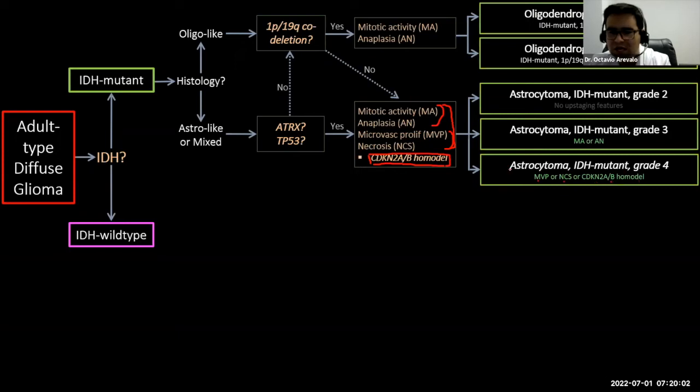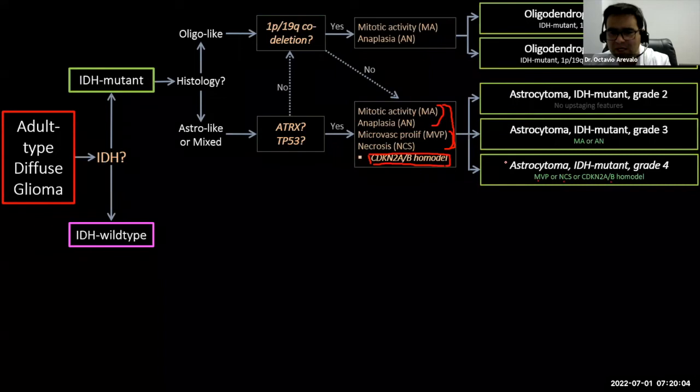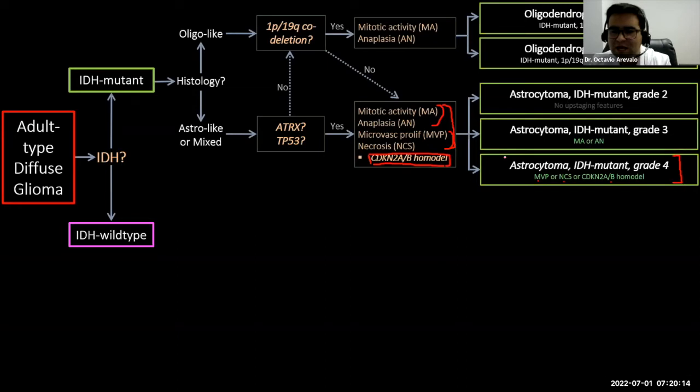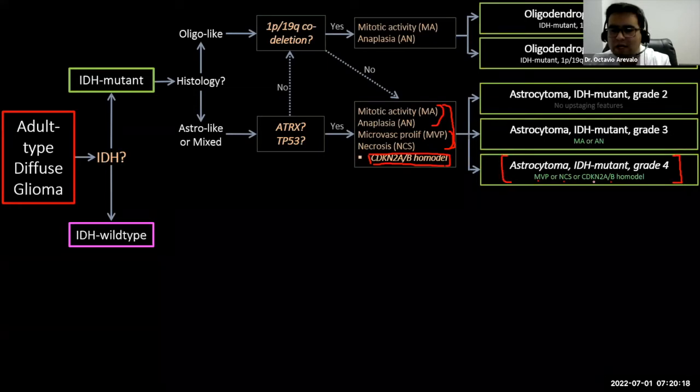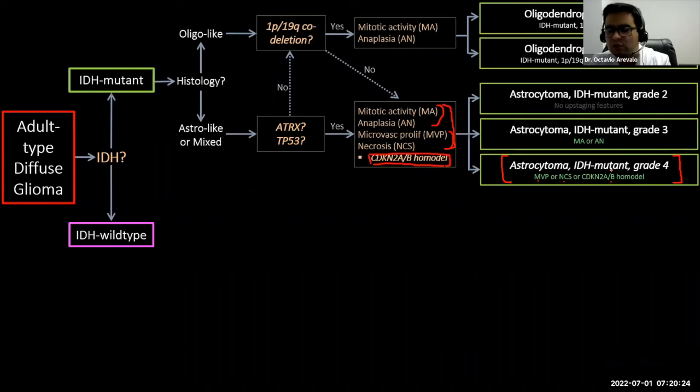And you may say, wait a minute, astrocytoma IDH mutant grade 4? Yes, this is one of the big changes to the 2016 classification, because this is the guy that used to be called glioblastoma IDH mutant. The glioblastoma IDH mutant term is not a thing anymore with the new classification of the brain tumors. So this is one of the big changes.